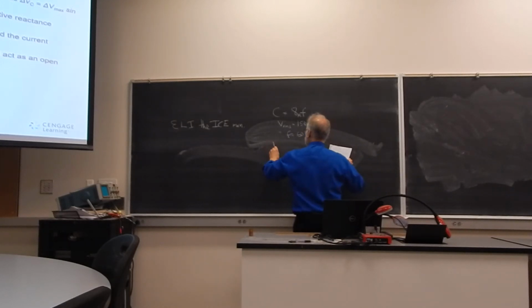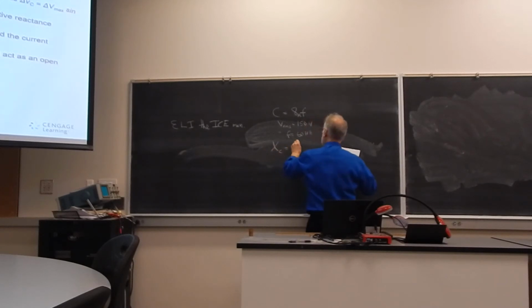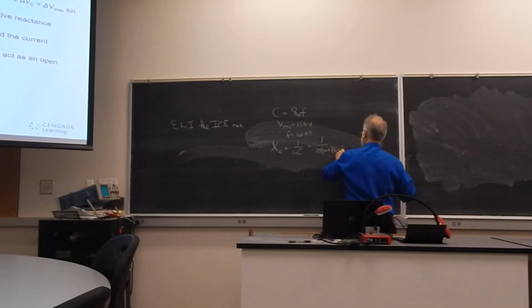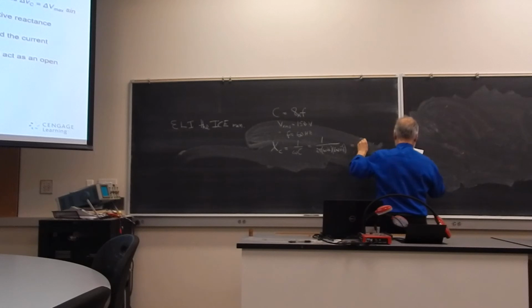So the capacitive reactance is equal to 1 over omega C, which is 1 over 2 pi times 60 hertz times 8 times 10 to the minus 6 farads. And that will give me a reactance of 332 ohms.